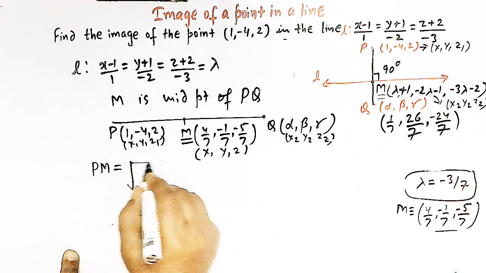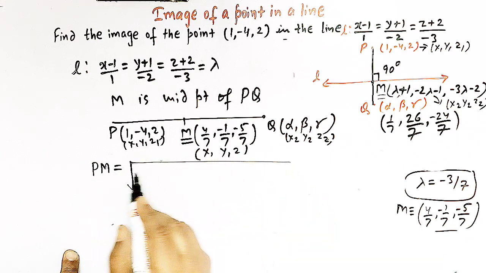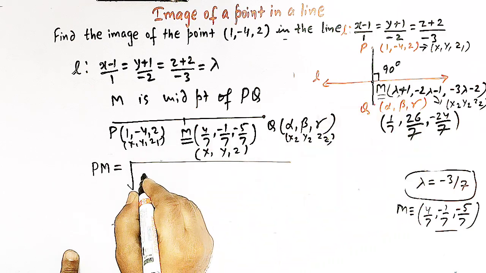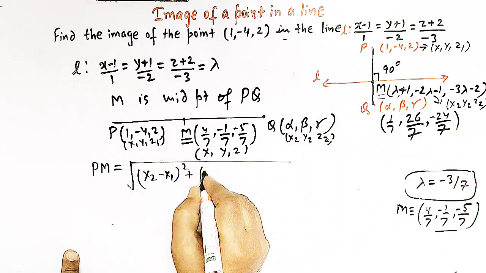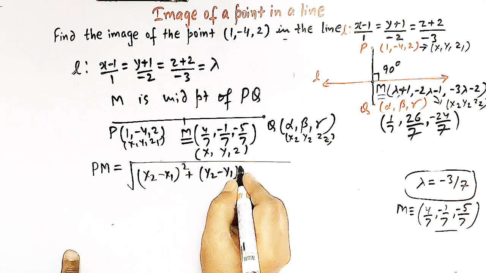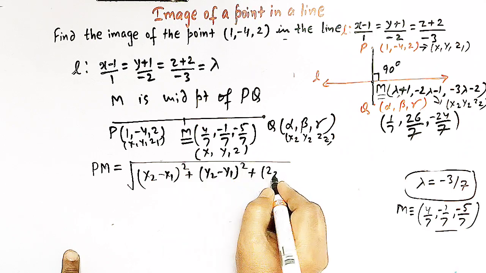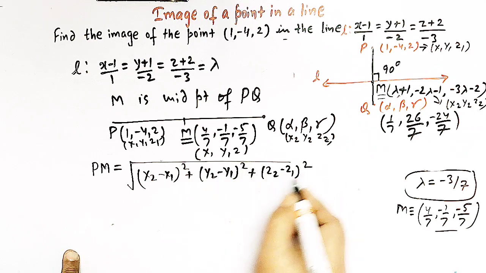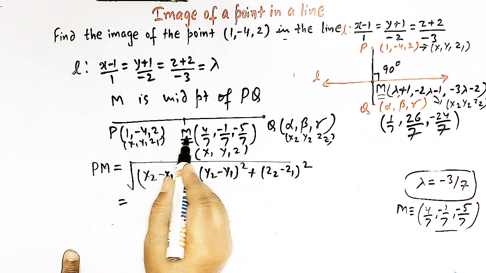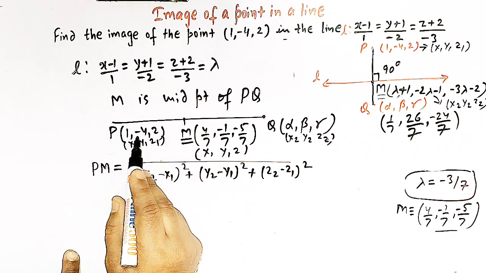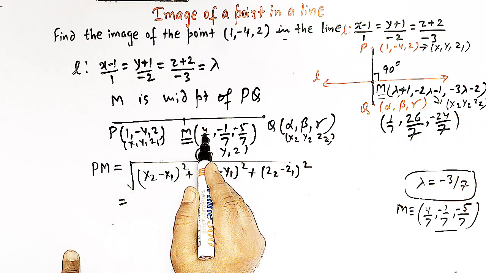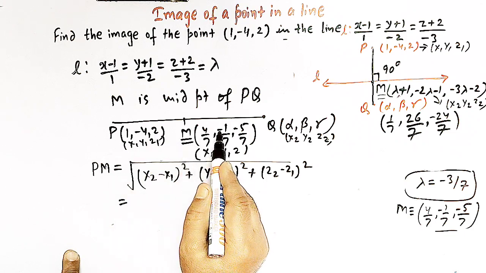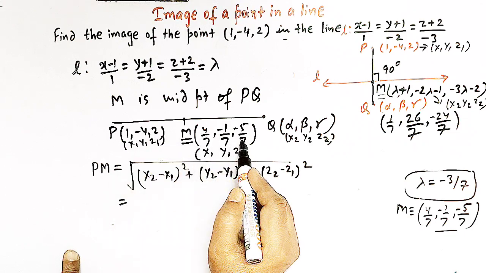So here we have the distance formula, that is the square root of (x2 minus x1) square plus (y2 minus y1) square plus (z2 minus z1) square. So now PM is given by here P is 1, minus 4, 2, and M is given by 4 by 7, minus 1 over 7, minus 5 over 7.